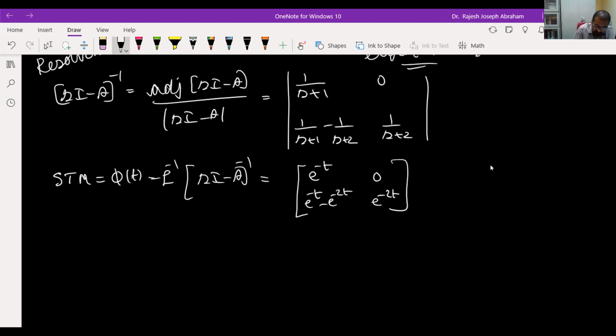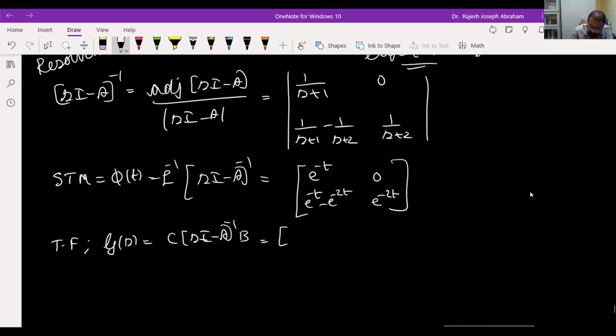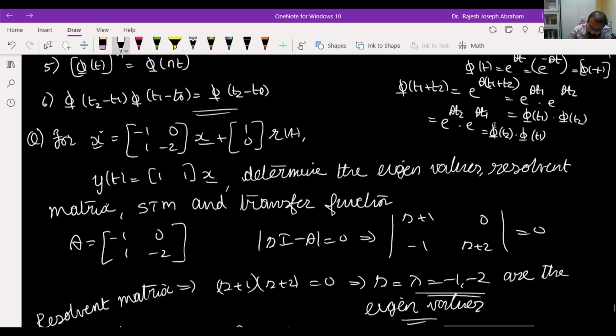And how will you find the transfer function? Transfer function G of s is C into (sI minus A) inverse B. Okay. The C matrix we know. It's a row vector [1, 1]. So [1, 1] into what? (sI minus A) inverse, which is this: [1 by s plus 1, 0; 1 by s plus 1 minus 1 by s plus 2, 1 by s plus 2], into B. What is B?